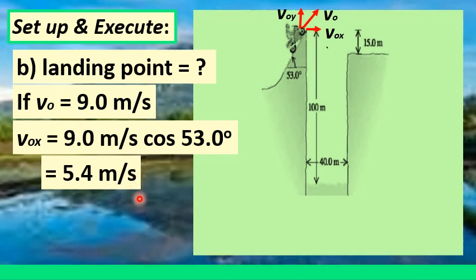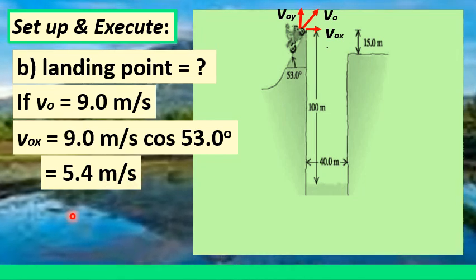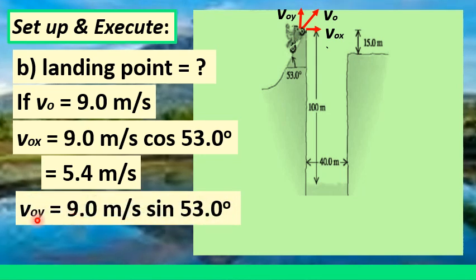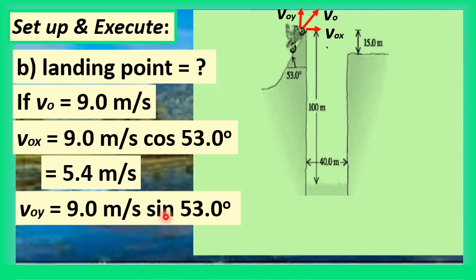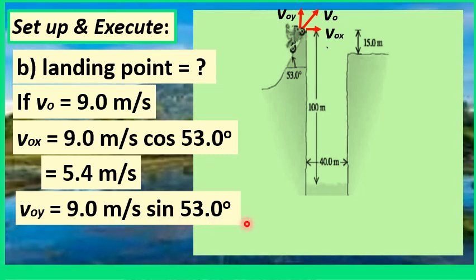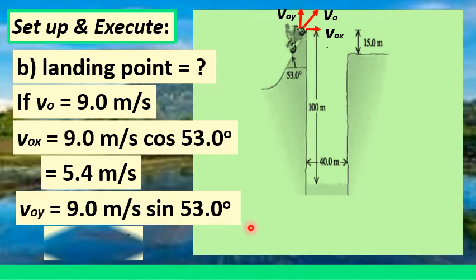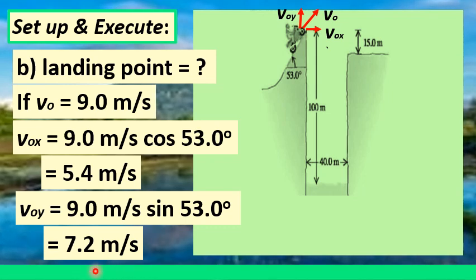And for the y component, v naught y, that's equal to 9.0 meters per second times the sine value of 53.0 degrees, or that is 7.2 meters per second.